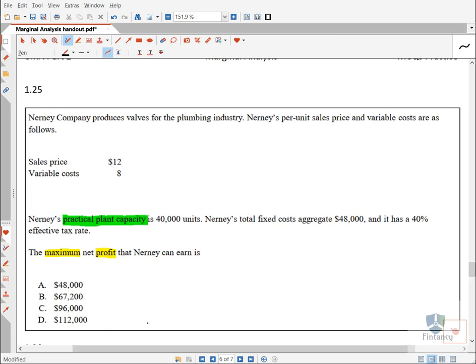Very simple question, you just need to make an income statement. When they say net profit, it means after tax. I hope you people know this. Net profit means after tax. So you have to deduct the tax also, which they have given you.